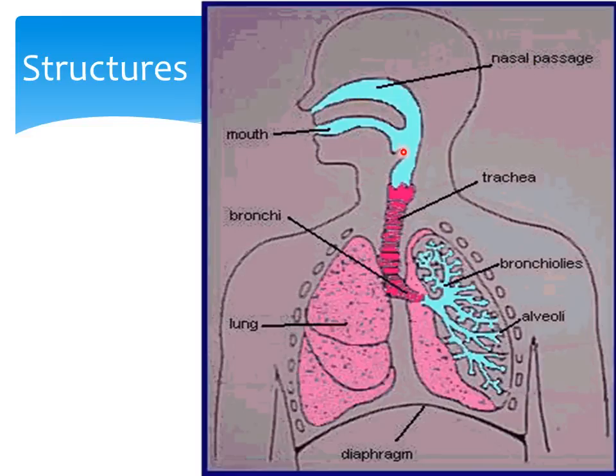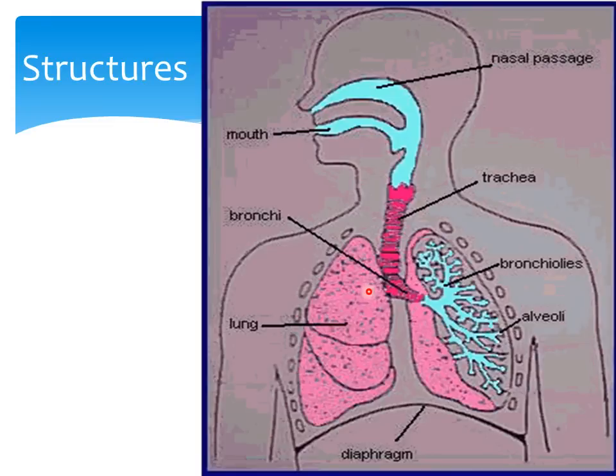Air comes in our mouth and our nose and comes down this tube called the trachea. The trachea then branches off into two bronchi. The bronchi is just the trachea splitting off into two tubes. Each bronchus goes into one of the two lungs. So we have these two lungs.